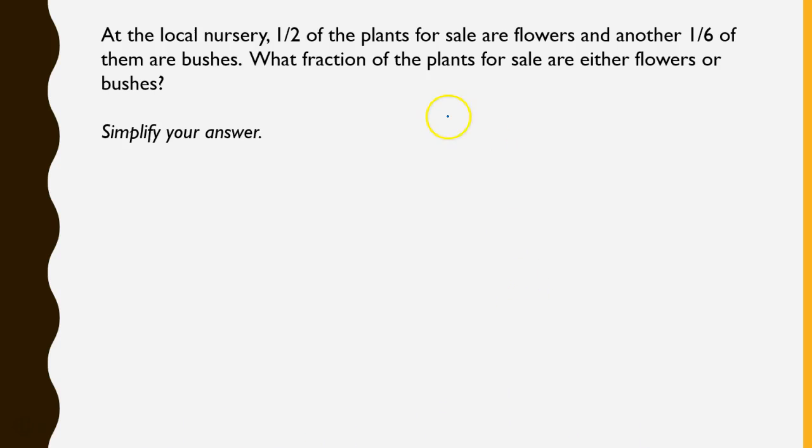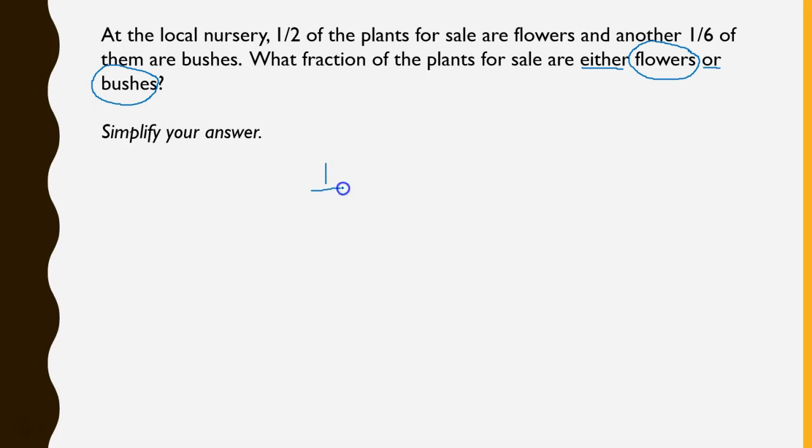Well, they want to know what fraction of the plants for sale are either flowers or bushes. So that means they want to know both of these. How many are there altogether? So we're going to go ahead and add those.